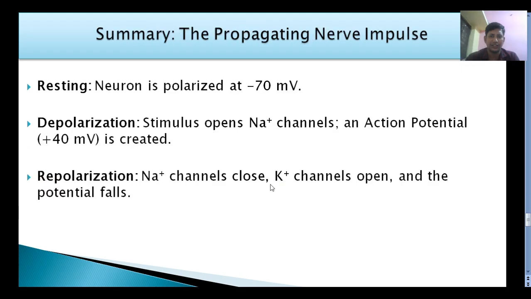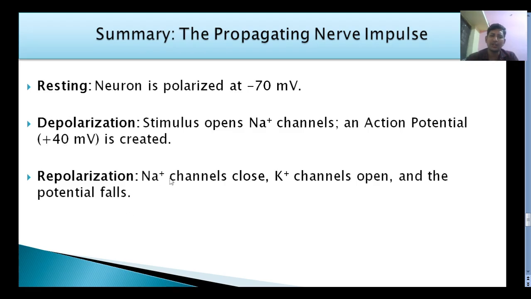Again, if you check, for example, in the resting neuron, the electrical potential difference is minus 70 millivolts. On a depolarized membrane, due to the stimulus, the sodium channels open and an action potential is created. If you look at the value, it is plus 40 millivolts.